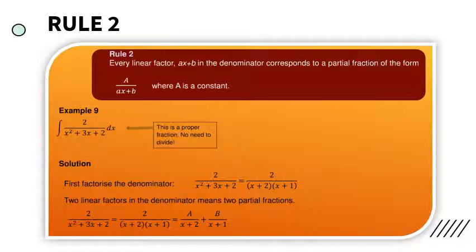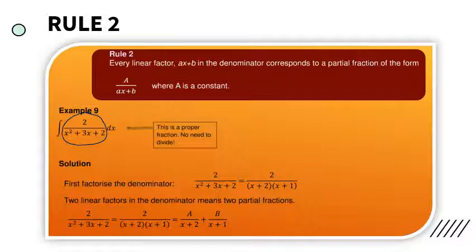For example, we have this proper fraction, 2 over (x squared plus 3x plus 2), and we integrate with respect to x. This is a proper fraction since the degree of the numerator is less than the degree of the denominator, so we don't need to do a long division.